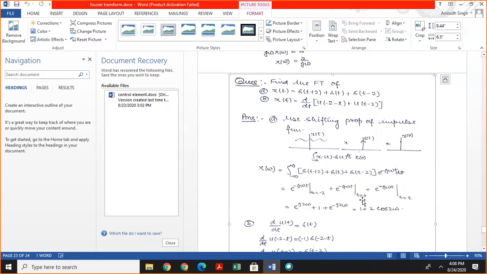This function is shifted to t is equal to 0, and due to this delta function, this function is shifted to t is equal to 2. So if we substitute the value t is equal to minus 2, we get this value, and this is the simplified form of X of omega.